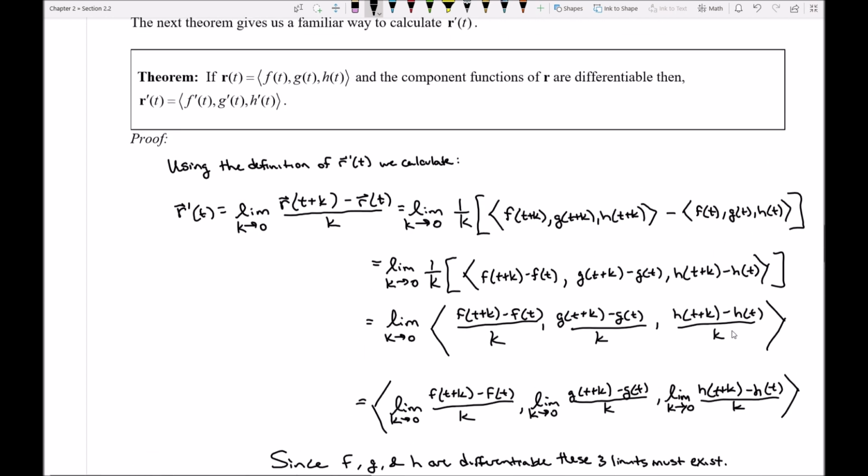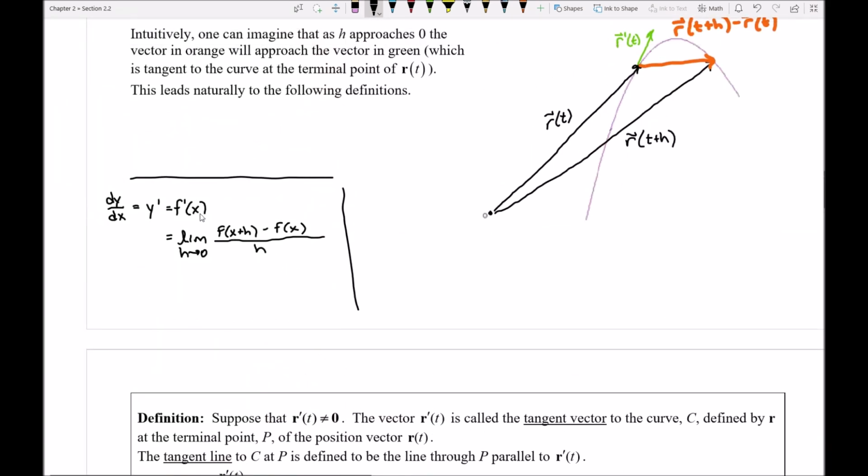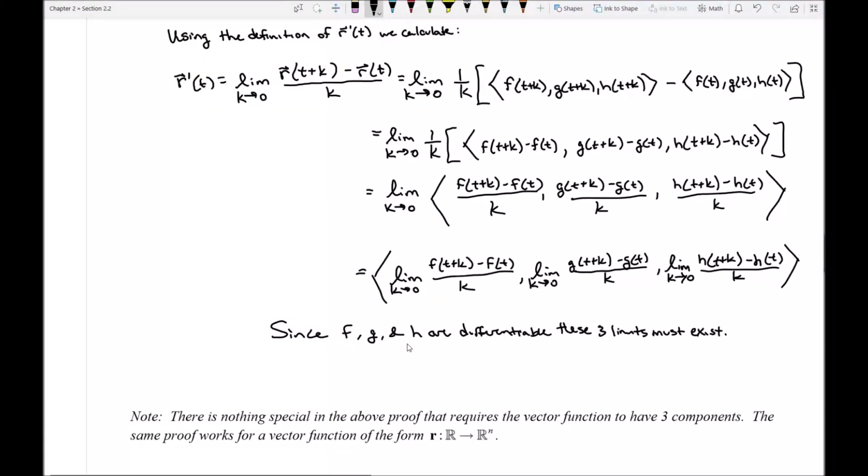And more than that, I know based on Calc 1 what they have to be. They're the derivative limits. So they should be f prime, g prime, and h prime, respectively. So that means that I'm going to be left here with f prime of t, g prime of t, and h prime of t. That is freaking awesome. That means that calculating the derivative of a vector function is actually so easy. It's, again, 3 simple Calc 1 derivatives.